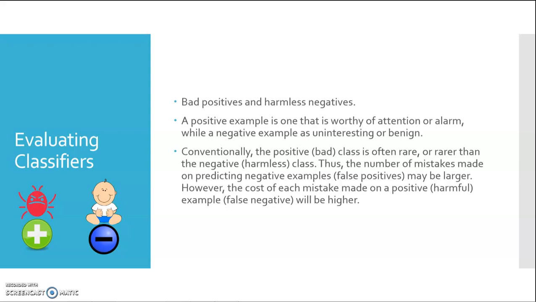Is it more damaging compared to if we were to predict somebody not having cancer, a negative class? Which one is of a higher cost or more damaging depends on the domain that you are dealing with.